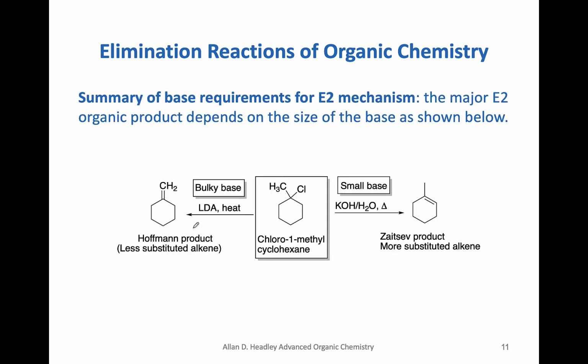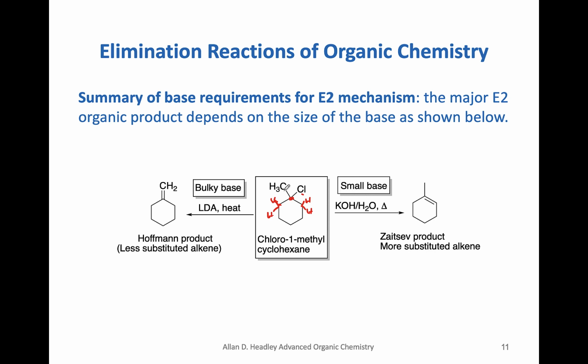As a summary, this is an electrophilic carbon with a good leaving group. Here are our alpha carbons, the adjacent carbons with hydrogen. So we have 2 hydrogens here and here, likewise here and here.